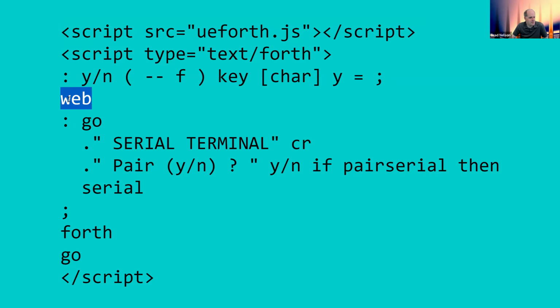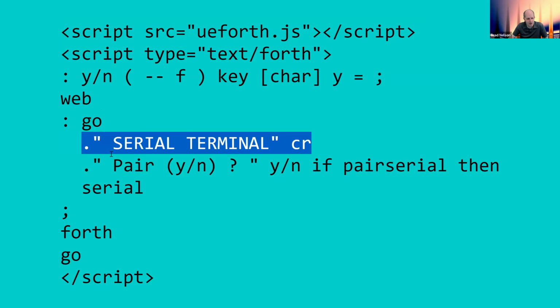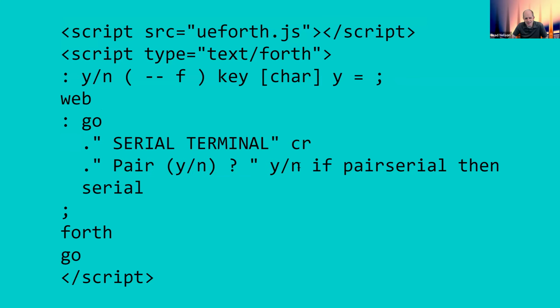All of those words that I mentioned previously are inside of the web vocabulary. So I activate that vocabulary and then define a word called go that prints out, hi, I'm a serial terminal, asks if you want to pair. If you do, then it pairs. Otherwise, it goes into that infinite pump. I switch back to the Forth vocabulary just out of neatness, and then go ahead and run.